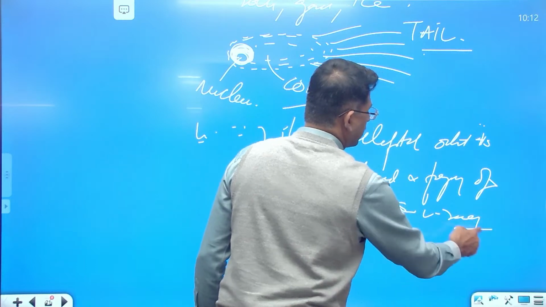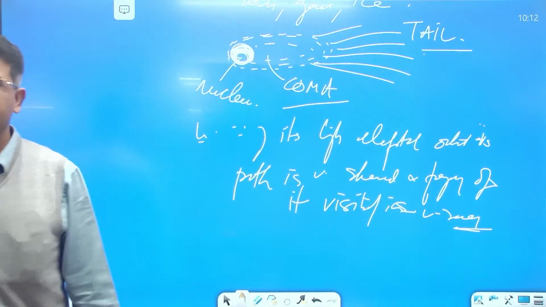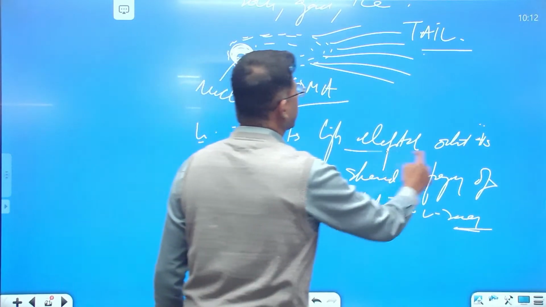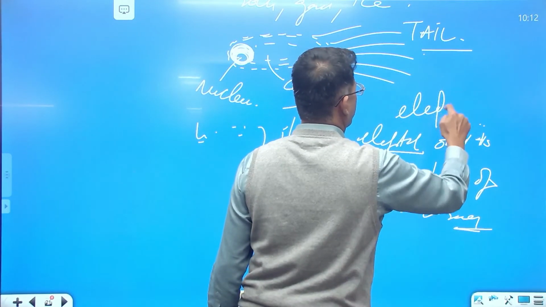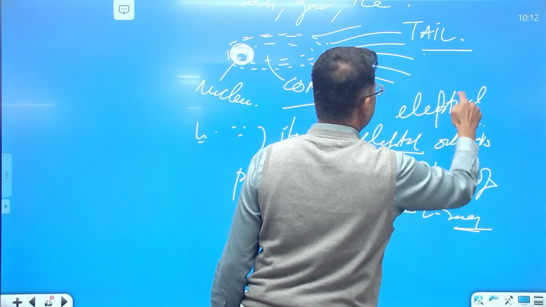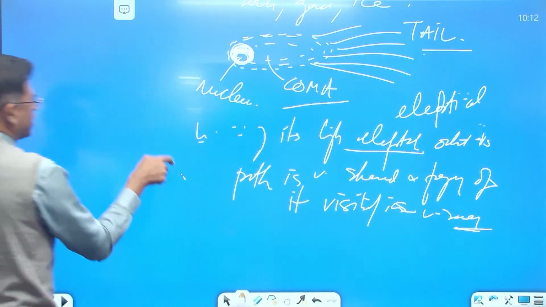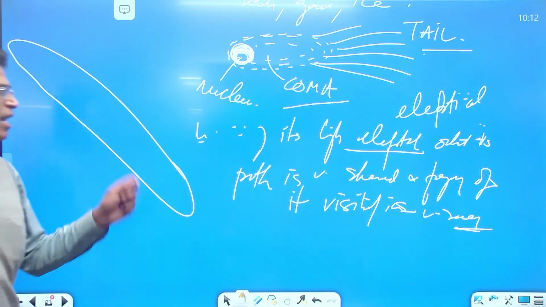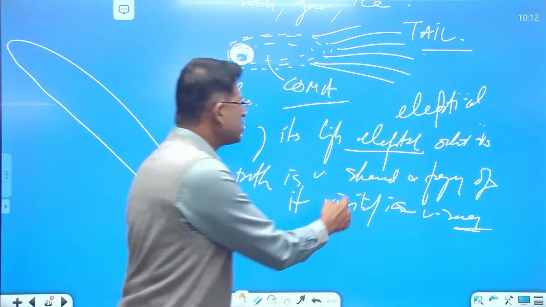Once in a couple of hundred years, because its path is very elliptical. Elliptical, what does that mean? It is not circular. It is stretched like an oval like this. The path is very elliptical and it's very skewed.